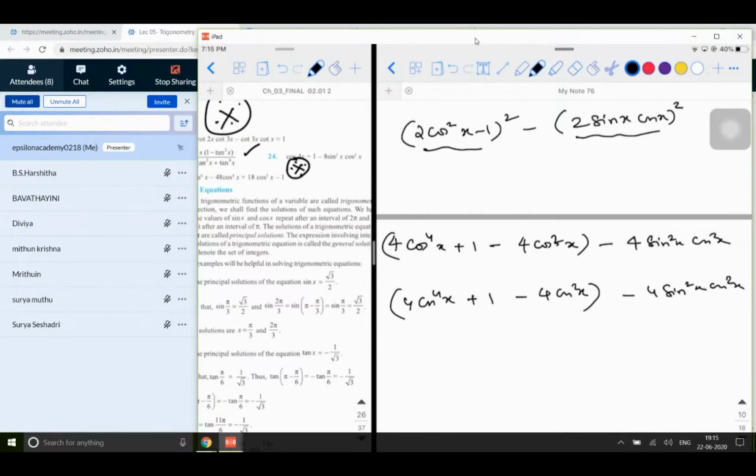According to the right side data, what is the extra thing I am getting in my solution? What should I eliminate? 4 cos power 4x. So what can I do to it? Can I do something with that? Can you think of something in terms of the previous problem?